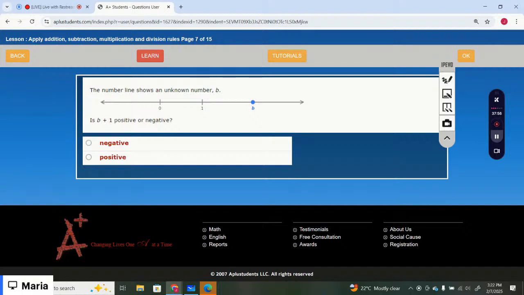The number line shows an unknown number B. Is B plus 1 positive or negative?